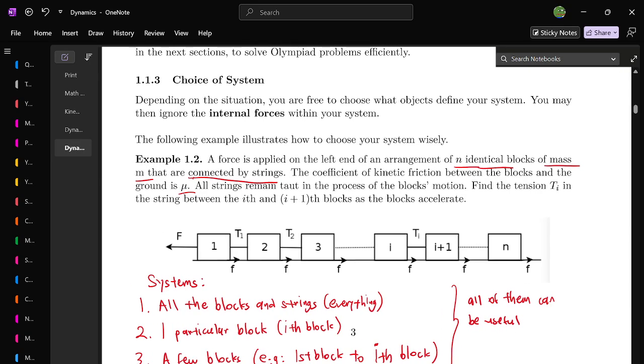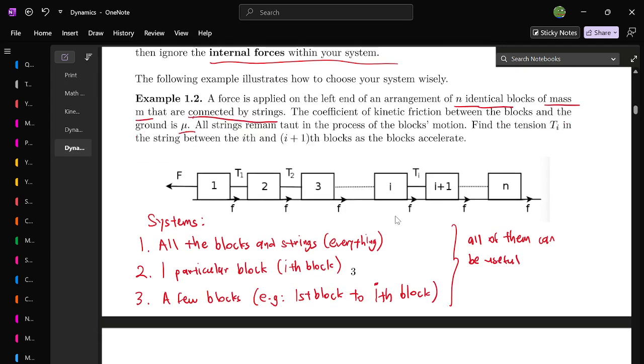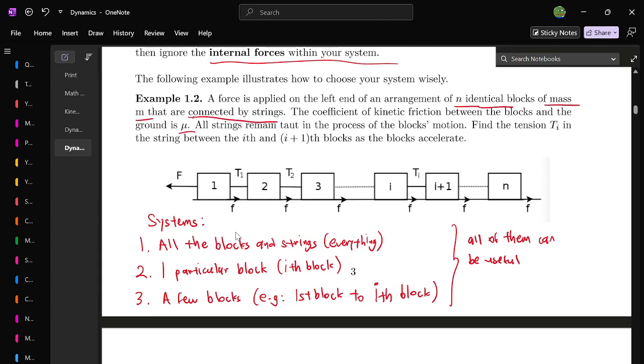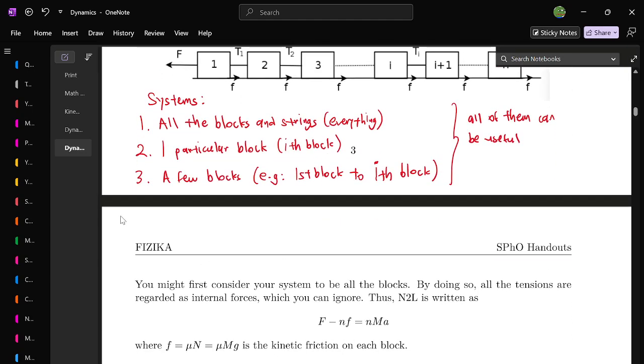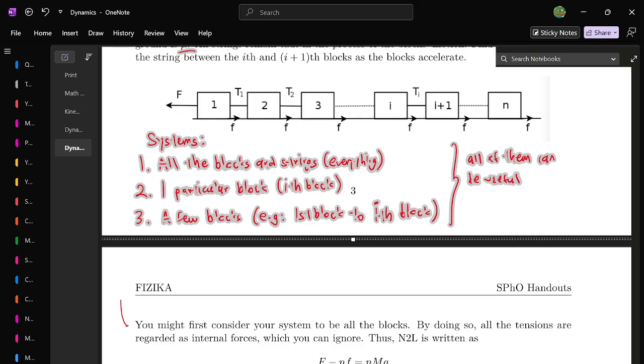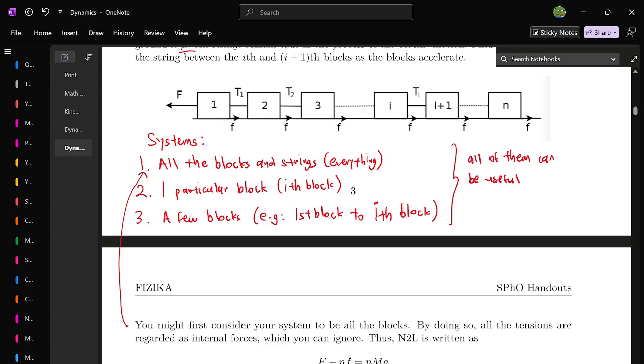So why do we choose different systems? Because when you choose a different system, your internal forces within the system are different. So when you analyze the whole system, you are free to just disregard the internal forces within the system of choice. For example, if you chose your system as all the blocks, you can imagine drawing a rectangle around this that encapsulates everything.